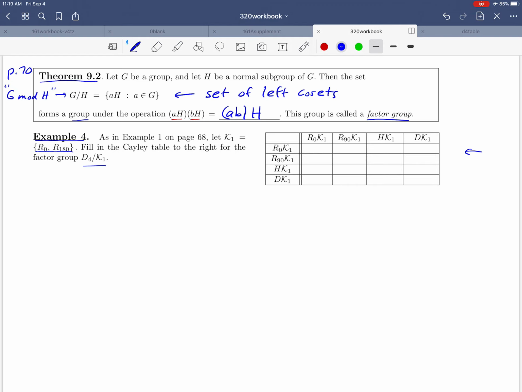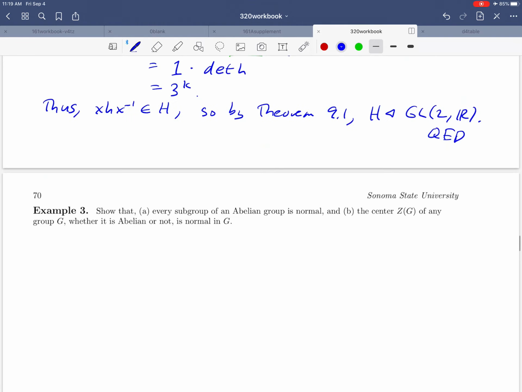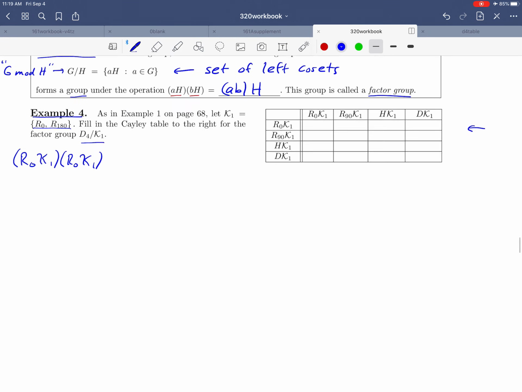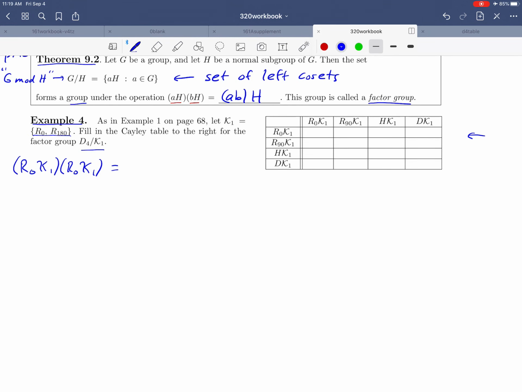Maybe starting with the easiest one of all, what if we took the coset R0 K1 and multiplied it by itself? According to the way that we defined coset multiplication, we take the two elements here and multiply those together, so R0 times R0, and think about the coset generated by that product.